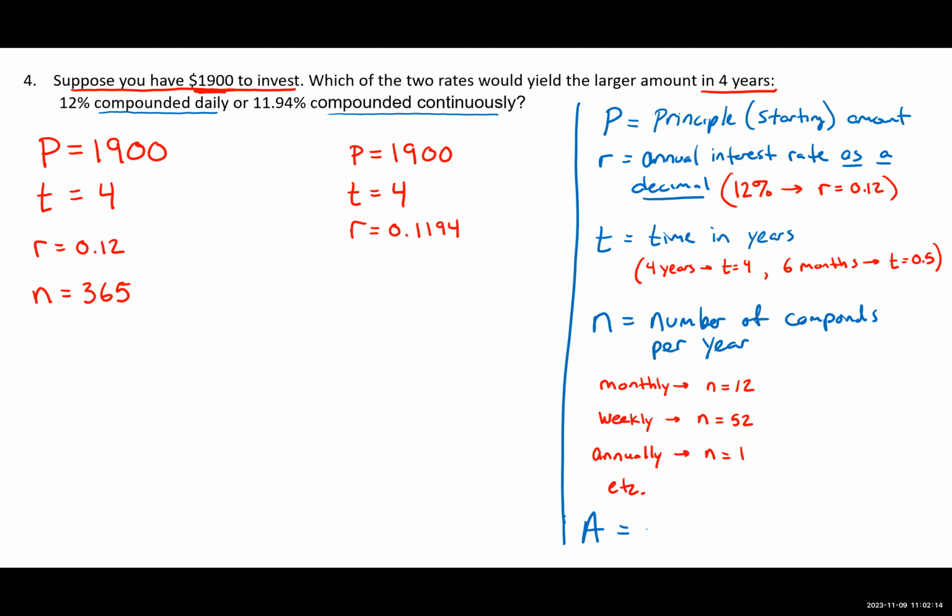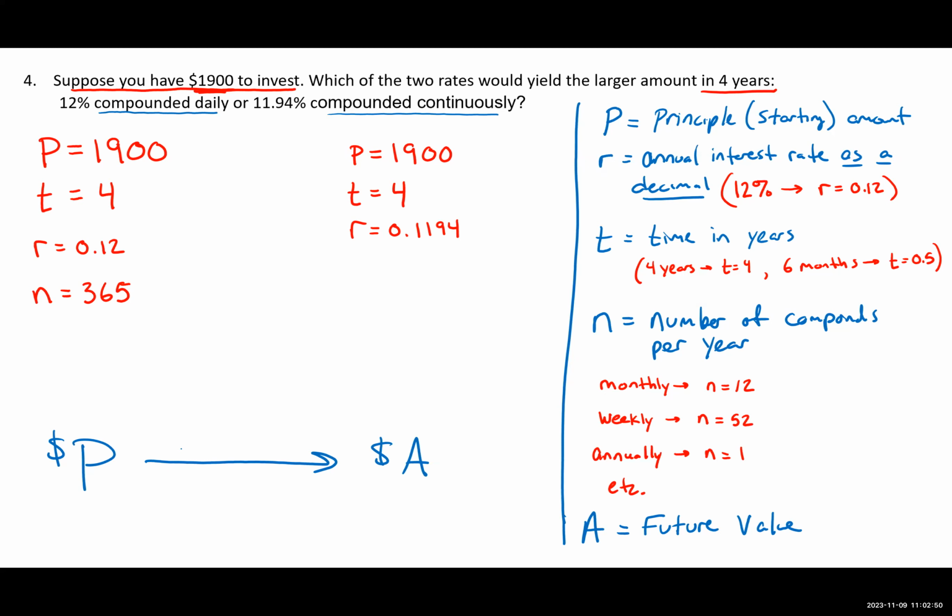So capital A, we're going to use for the future value. So you're starting with P dollars. You're ending up with A dollars, right? Starting and ending. And how you get from beginning to end depends on the interest rate, how many years go by, what kind of compounding it is.